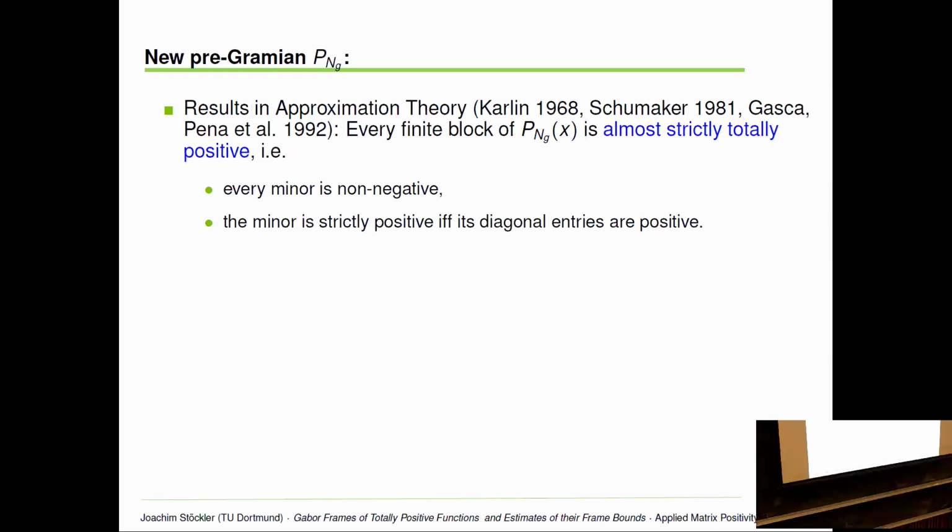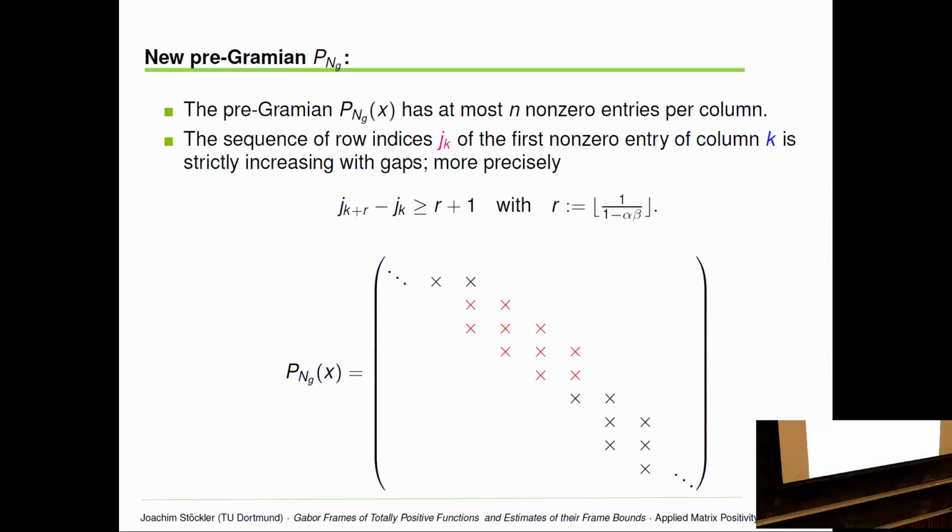The discussion is only one sentence. Every finite block is almost strictly totally positive. Done. So now I know it's invertible, because what does almost strictly totally positive mean? It means that the determinants are all greater or equal 0, but they are actually strictly positive as soon as your diagonal entries are strictly positive.